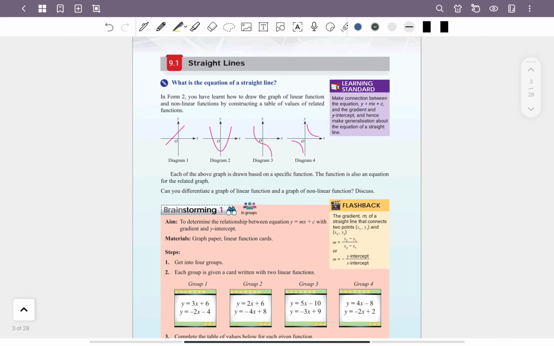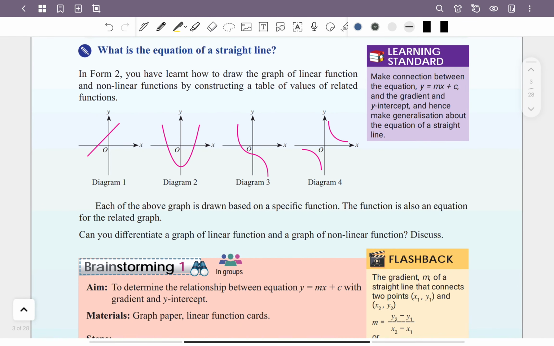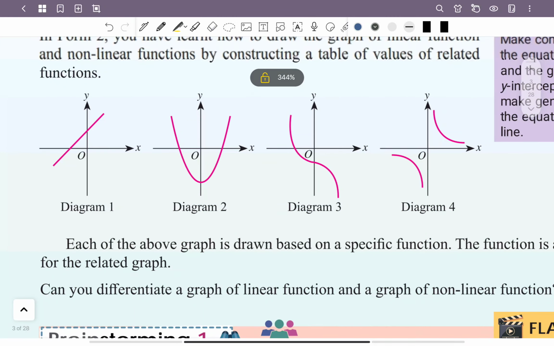So you can see here, the equation of a straight line. Each plotted point has a pattern, and different patterns of points represent different types of graph. This is the straight line y = mx + c.